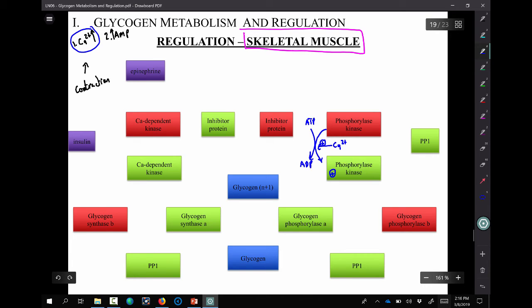If you remember from last time, glycogen phosphorylase kinase is a tetramer of tetramers with different subunits, and one of these is a calmodulin protein. Calmodulin proteins are a family of proteins that bind calcium. When it binds calcium in glycogen phosphorylase kinase, it activates it allosterically. Now phosphorylase kinase is going to do the exact same thing that it did in the liver, and that's to phosphorylate things.